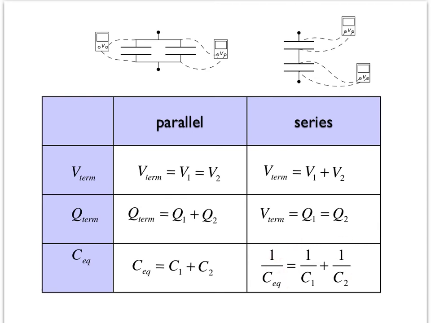You may have noticed already that this is the opposite of what happens when we combine resistors. Resistors combined in series are just the sum of the resistors, and for resistors combined in parallel, the reciprocal of the equivalent resistance is the sum of the reciprocals. So capacitors in combination look just like resistors in combination, except flipped around.